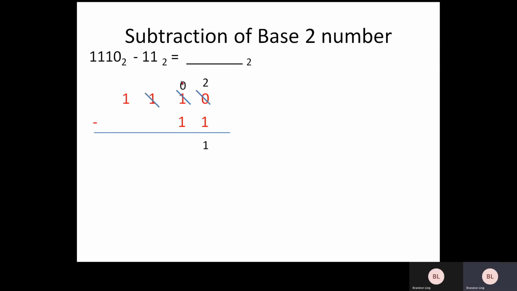The next one, since this 0 can't minus this 1, you need to borrow value from here. This will become 0, and this will become a 2 here. So you get 2 minus 1 equals 1. And lastly, you get a 0 and the 1 here. Therefore, your answer will be 1011.